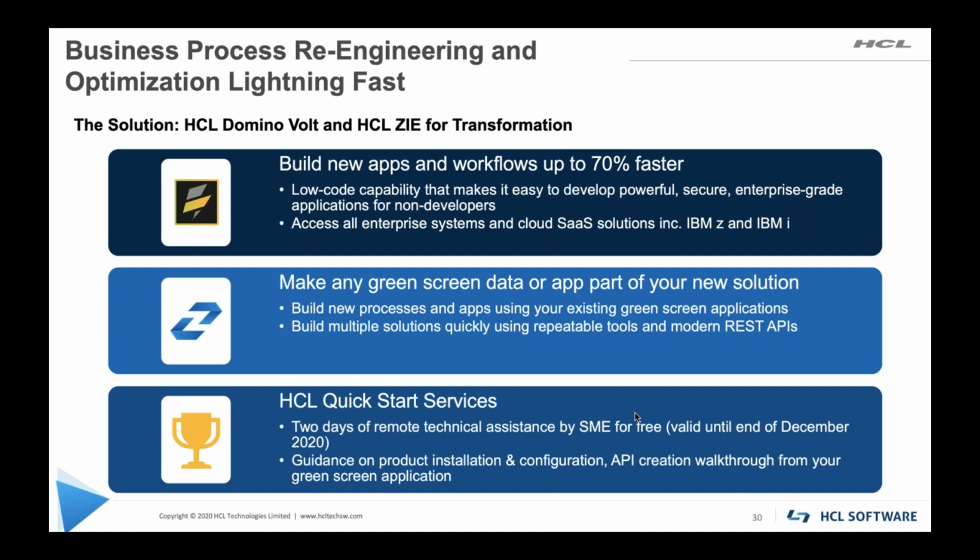ZIE for Transformation provides a layer of transformation from Greenscreen-based interfaces to a set of REST APIs. The APIs can be consumed by Vault application to integrate existing capability which are provided by legacy application sitting on System Z or System I platform.